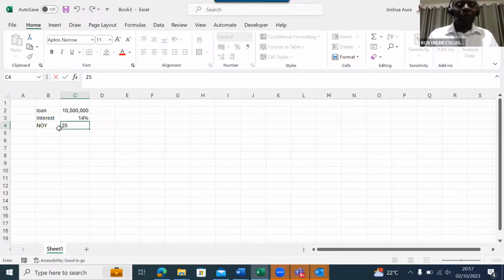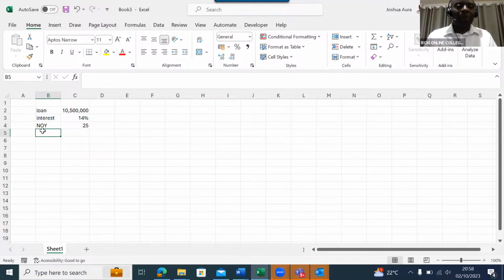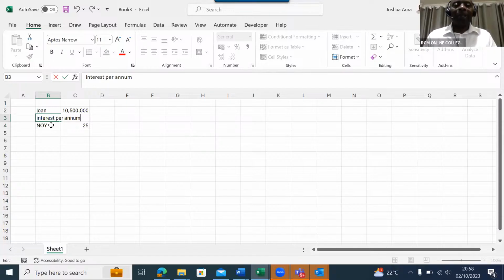Number of years. However, I was required in this case to pay on a monthly basis. So remember, this is interest per annum, right? This is a number of years. So then what I need to do is to come and give them interest per month.